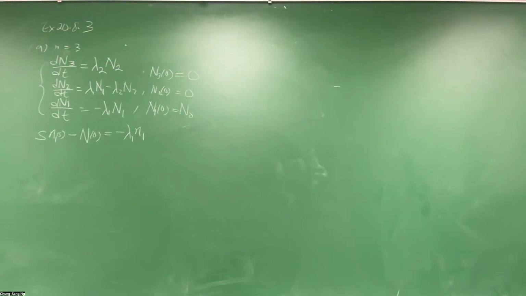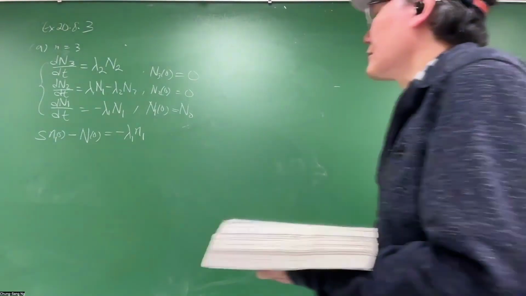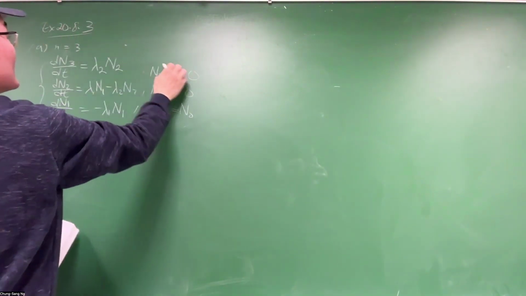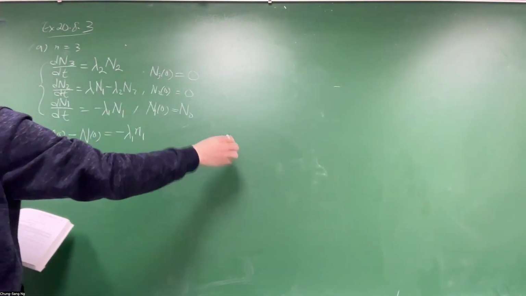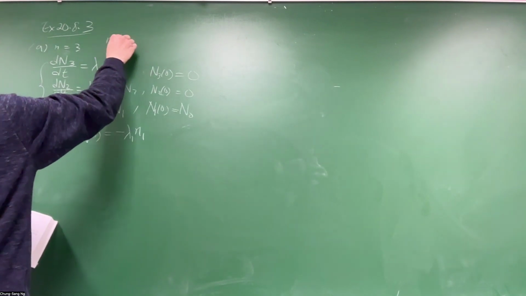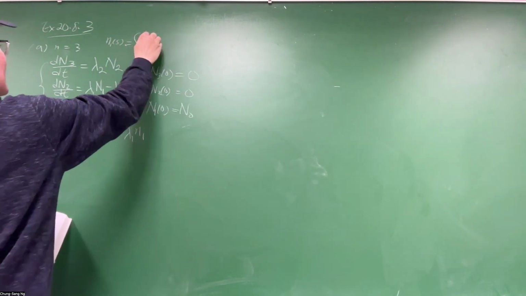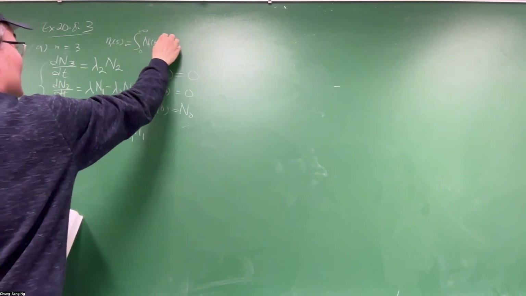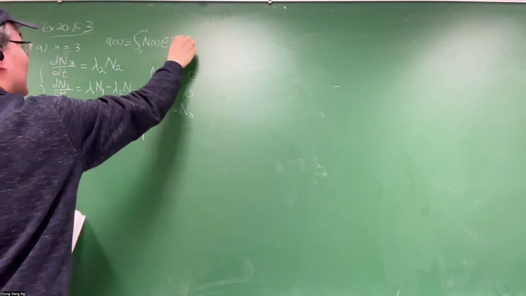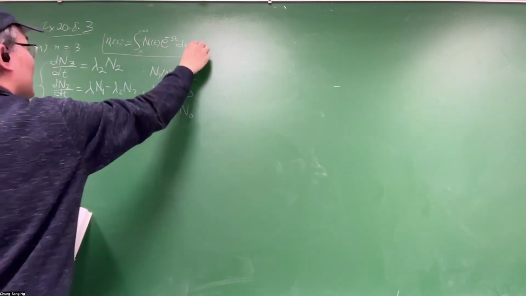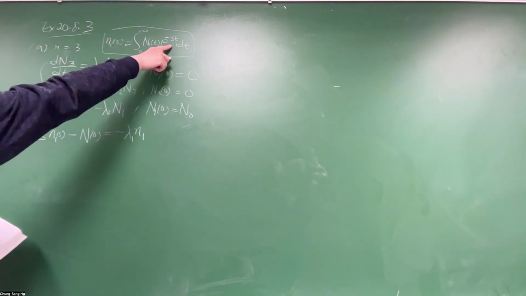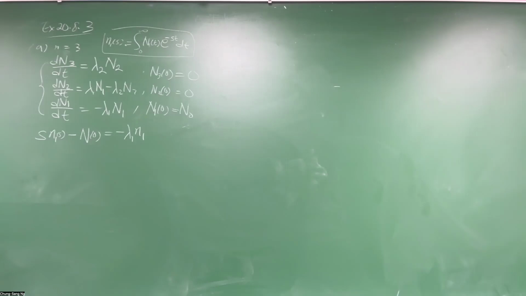So you define, you can write basically n1 equal to the integral from 0 to infinity of n1(t) e to the minus st dt, right? That's the Laplace transform. So s is the transform variable, right?